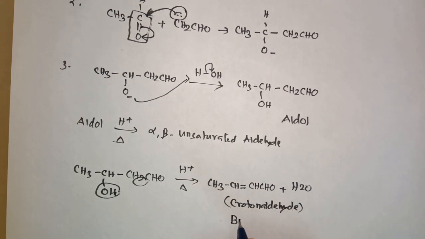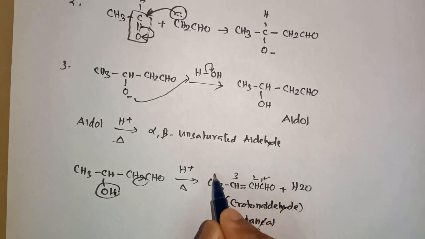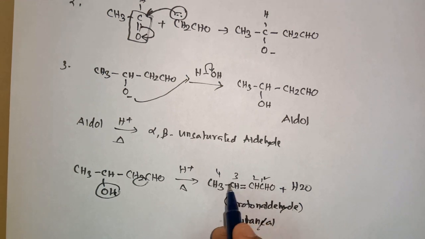1, 2, 3, 4. The 4 carbon containing alkane is butane. But the functional group is the aldehyde. Here a double bond is present. It is 1, 2, 3, 4. Double bond is present between the second and third carbon. So go for 2.